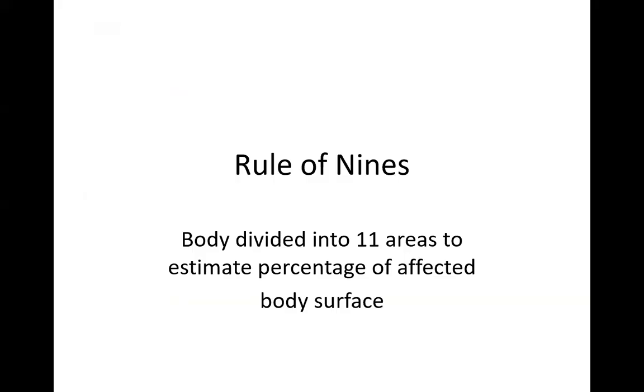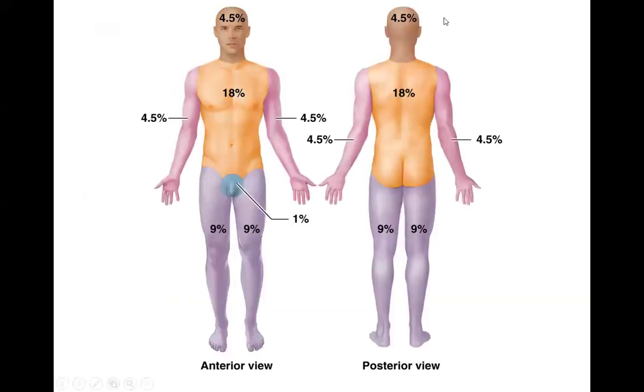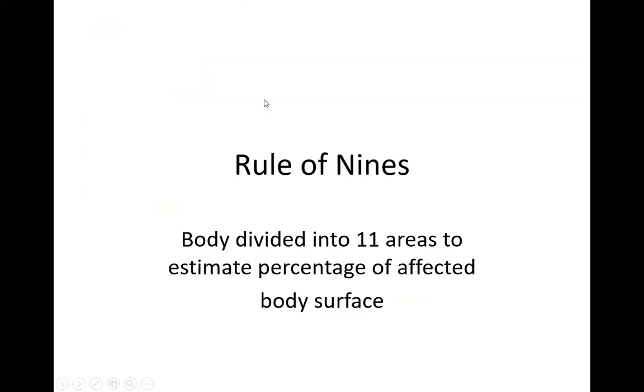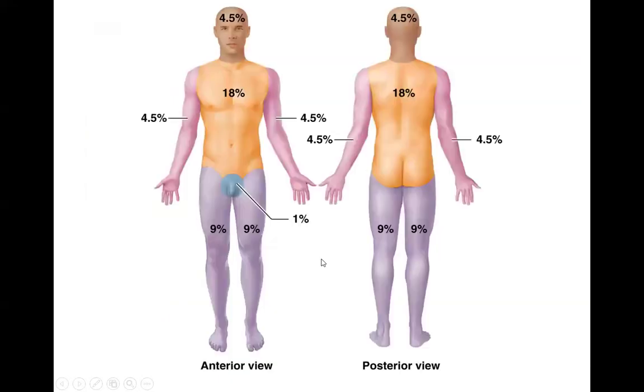So the body is divided into 11 areas to estimate the percentage of affected body surface. So if you burn, that is the percentage affected of the body surface. This area contains 18% from the front, 18% from the back. That's about 36% of your body, just your anterior and abdominal area and your trapezoid in the back.